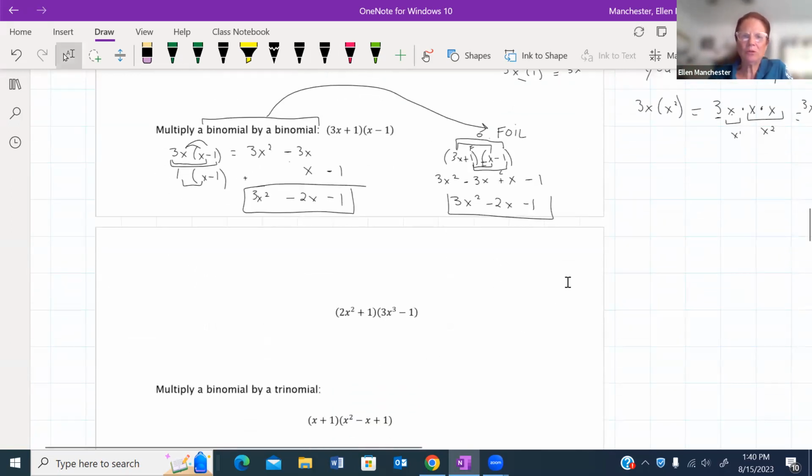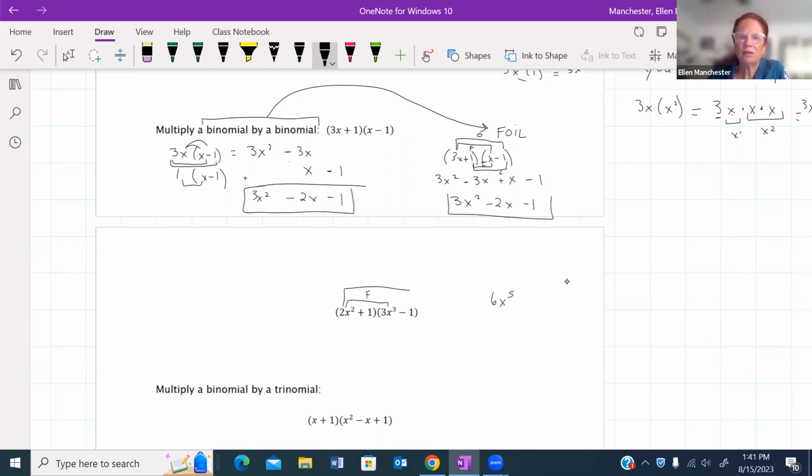All right, let's try it one more time. So again, if we were in a live Zoom class, I would say, okay, you guys go do it, put it in the chat box, and let's see how many right answers we can get. Okay, all right, so here we go. I'm just going to do it in the FOIL technique. First, 2x squared times 3x cubed is 6x to the 5th.